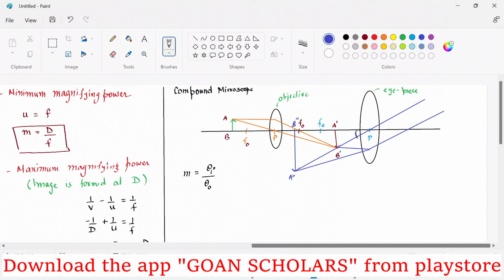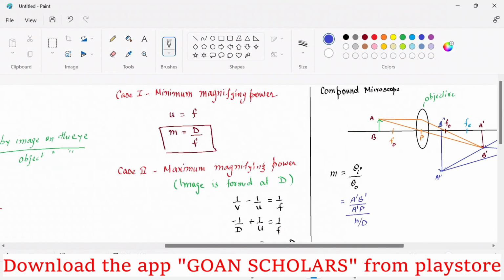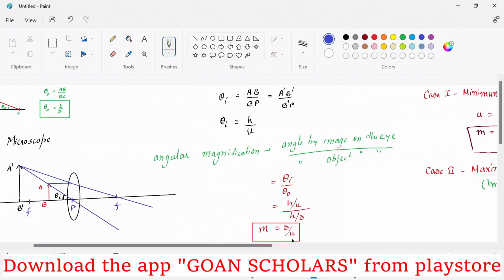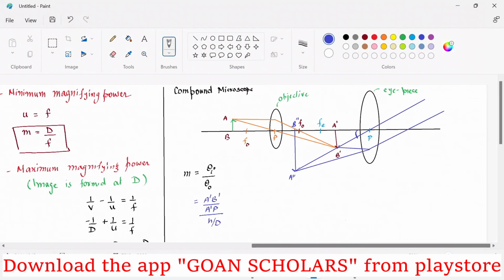So we can say it is A prime B prime upon A prime P. And theta naught is already our h by d, we already did that. Where did we do this h by d? At the beginning. Here it is. Theta naught is h by d always, without any length system.